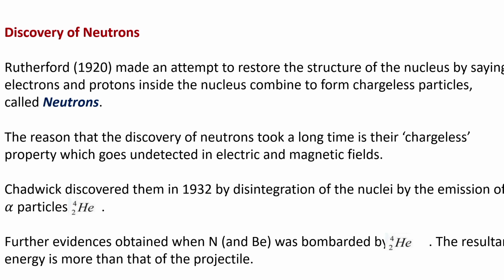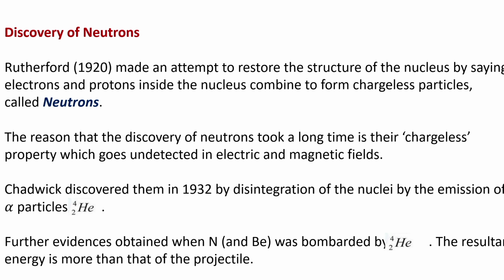The entire charge of the nucleus comes from the protons, whatever may be the number of protons, contributing a charge plus Ze, and the extranuclear electrons contribute a charge minus Ze, rendering the system electrically neutral.